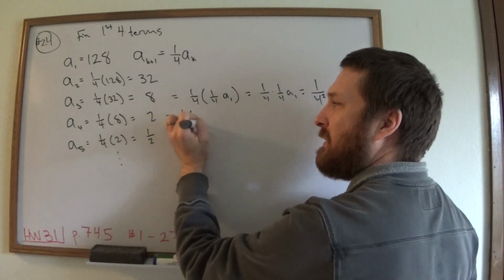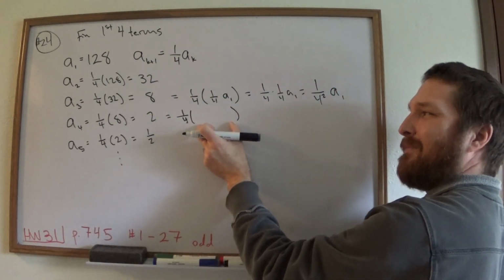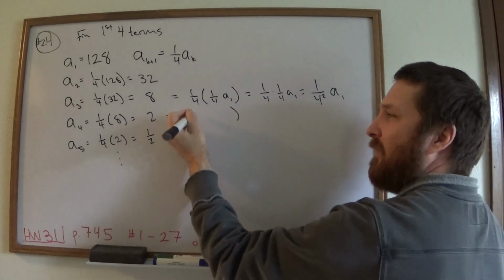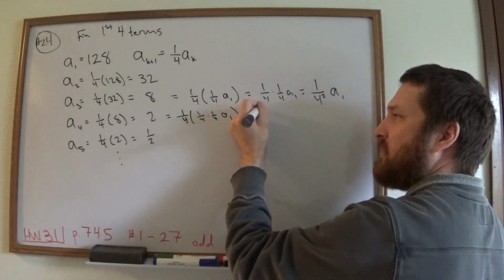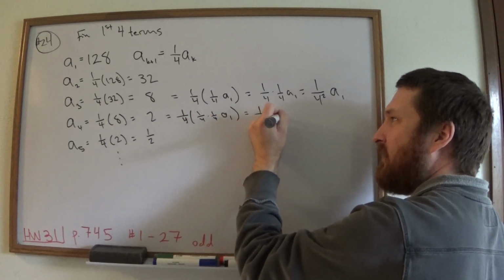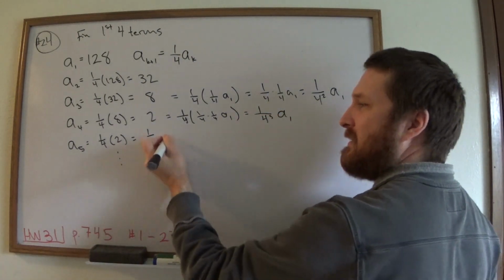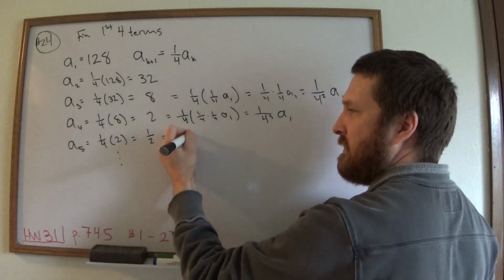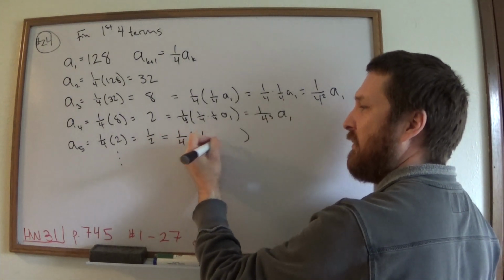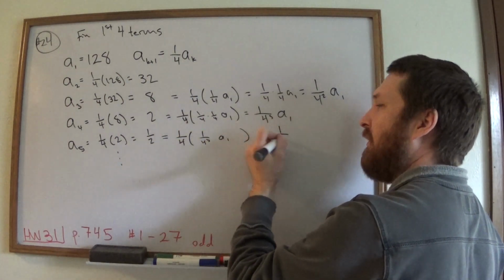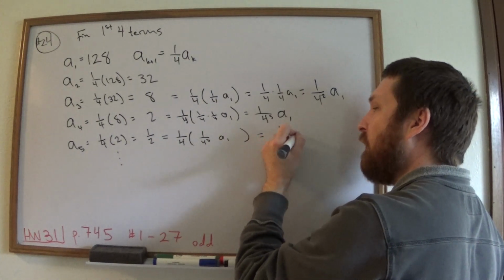It was 1/4 times the previous thing, which is 1/4 times 1/4 times A1, which is 1/4 to the third times A1. This one was 1/4 times all of the previous stuff, which was 1/4 to the third, so 1/4 to the fourth times A1.